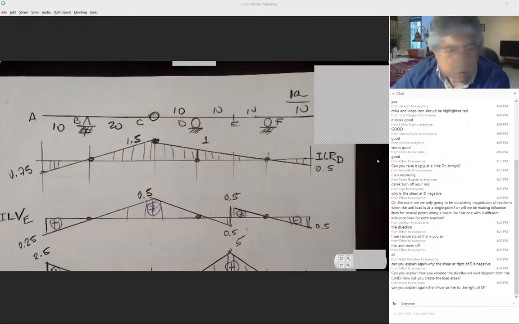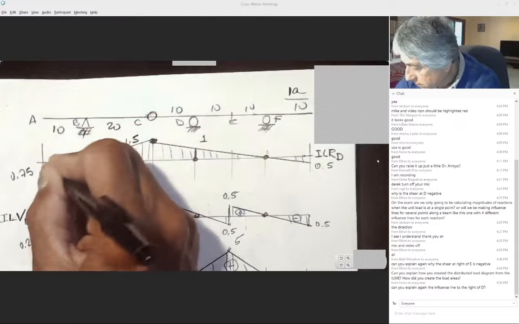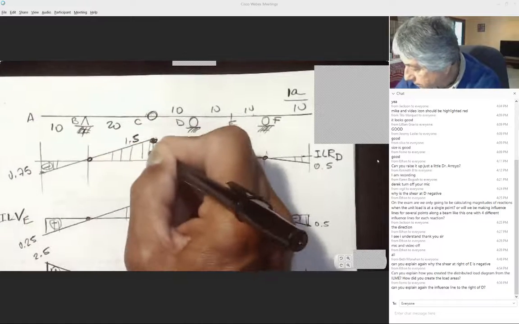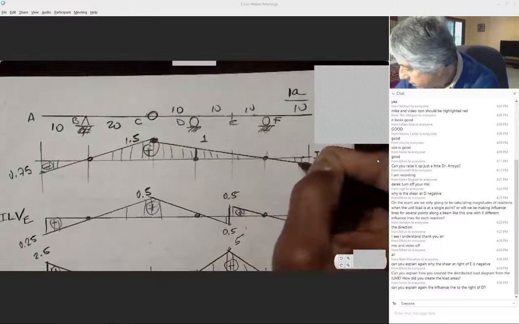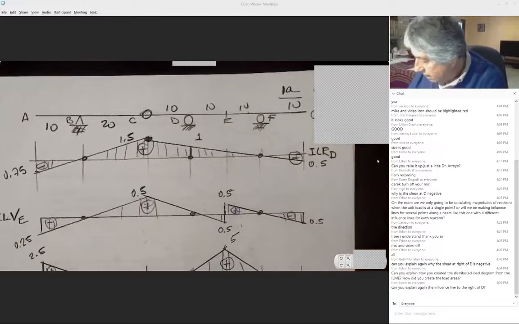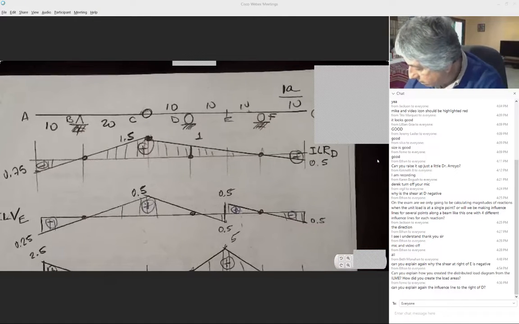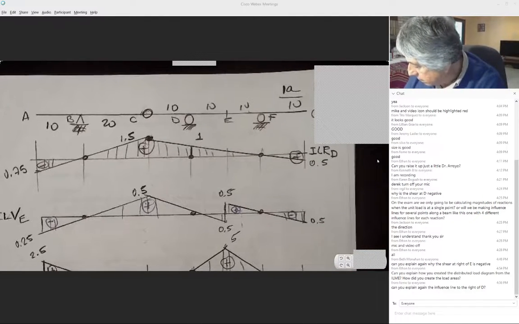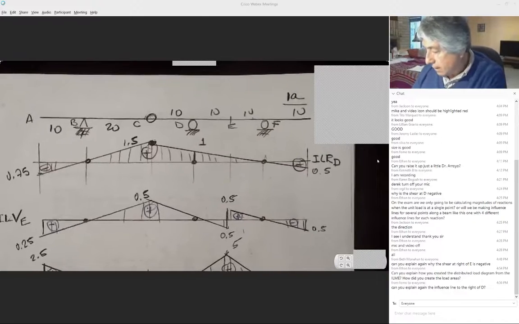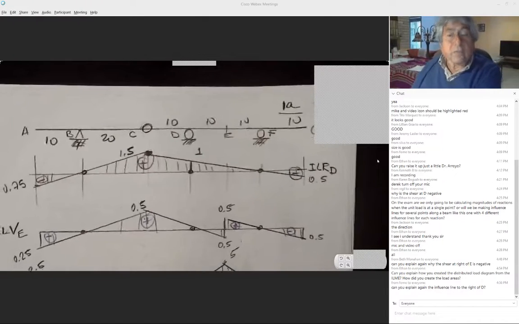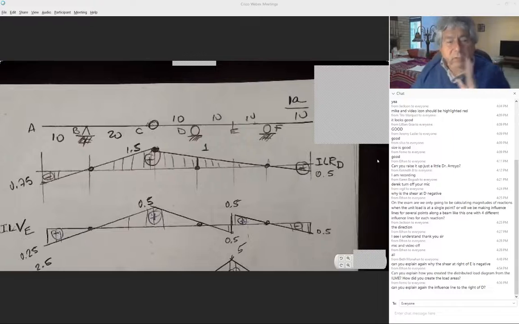Negative, plus, and negative, plus, plus, negative. Okay. So the influence line tells you exactly where to place the load.